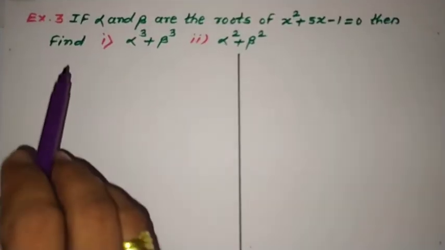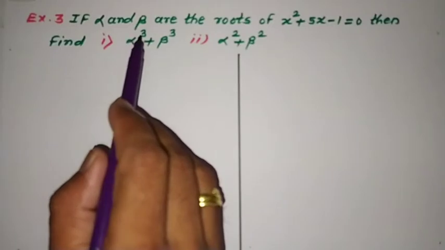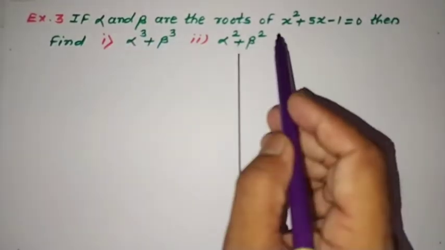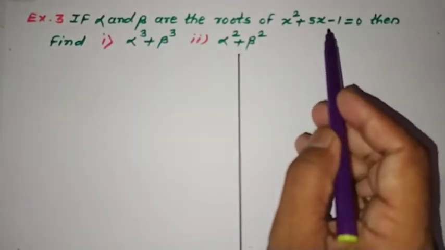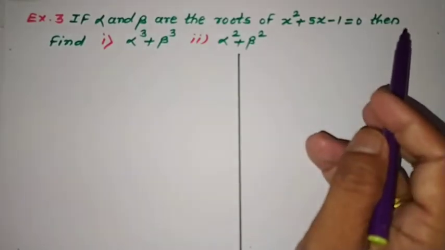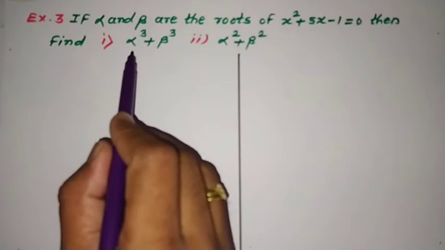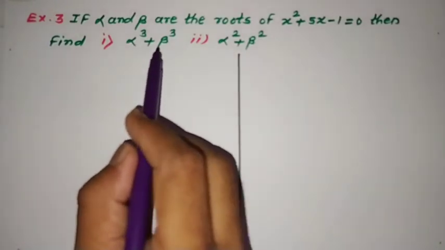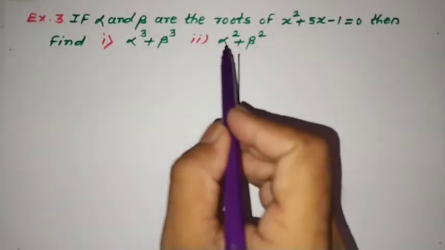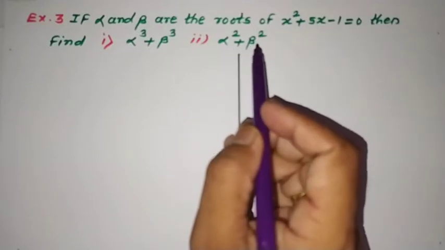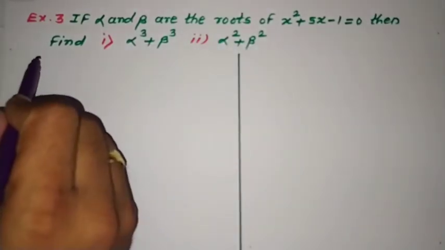Example number 3. If alpha and beta are the roots of x square plus 5x minus 1 is equal to 0, then find the value of alpha cube plus beta cube, and second, alpha square plus beta square. Solution.